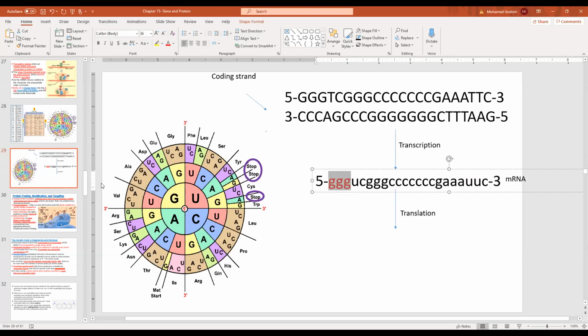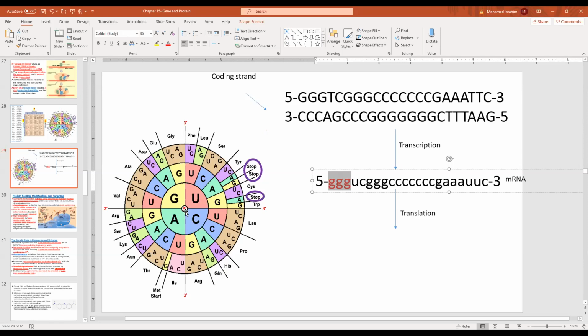So look at the wheel here. If you look at the wheel clearly, you will see there are 3 circles: an inner one, a middle one, and then an outer one. When you read, the center is going to be the 5' end.